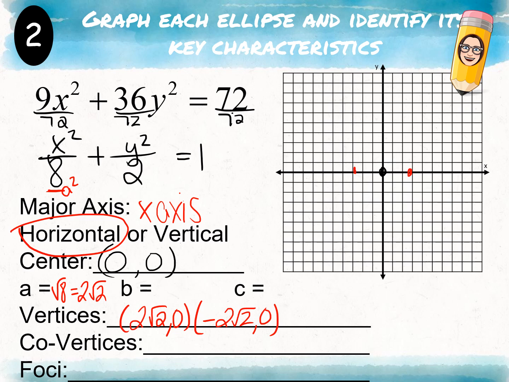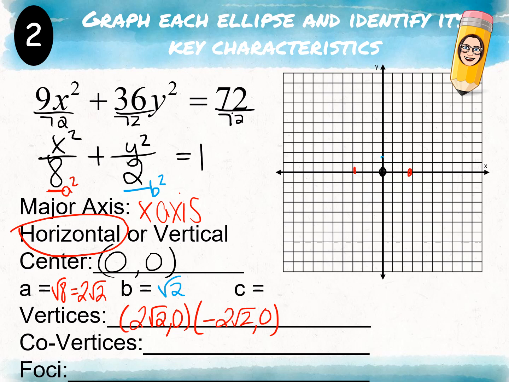Let's talk about our covertices, our b value. If this is b squared, oh, again, we can't take the square root of 2. We can't reduce the square root of 2, so we're going to leave it as the square root of 2, which is between the square root of 1 and the square root of 4, which means it's between 1 and 2. Oh my goodness.